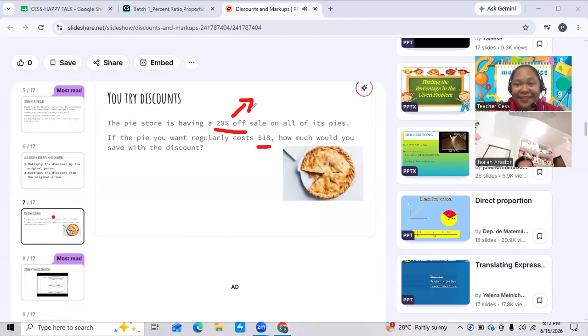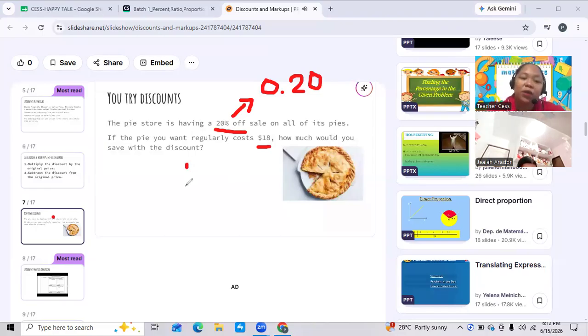I will turn 20% into 0.20. Very good. You will change it first into a decimal, which is 0.20. And then after that, multiply it to what? Multiply 0.20 to 18. Very good.